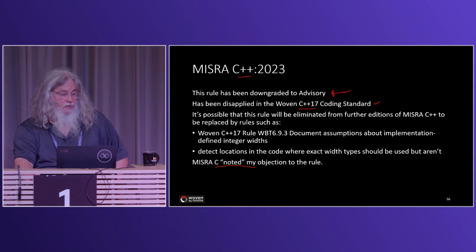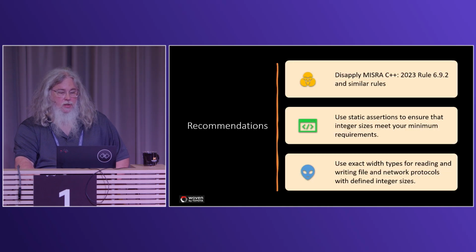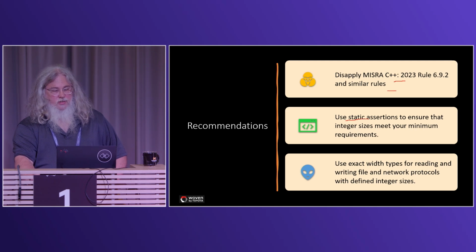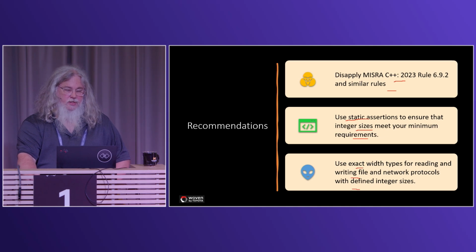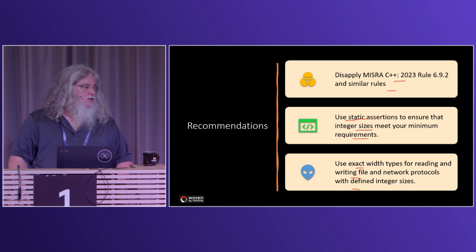We follow this because we're using AUTOSAR and it's a required rule. So yeah, disapply this rule. Similar rules: try to use static assertions to ensure integer sizes meet your minimum requirements, and use exact width types for the kind of things they're meant for.